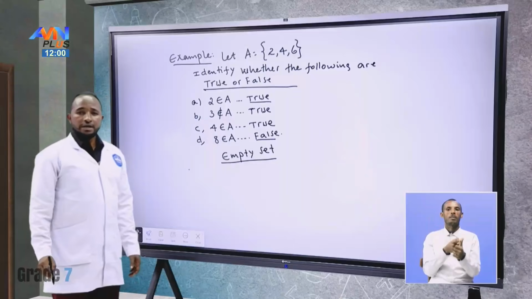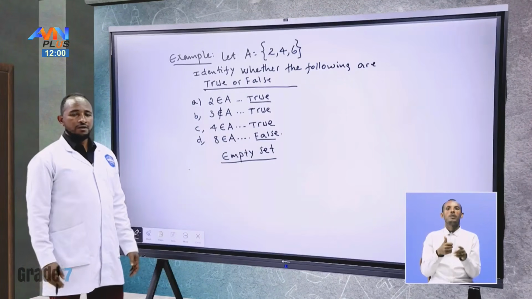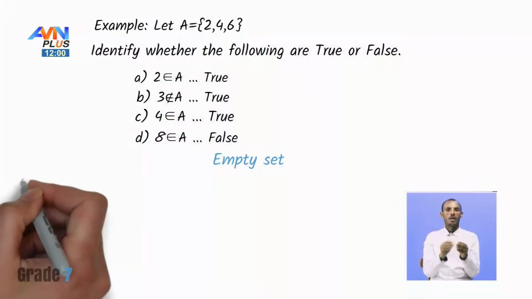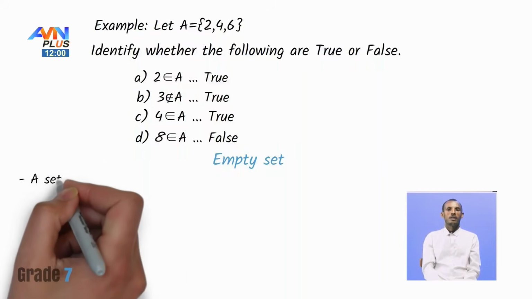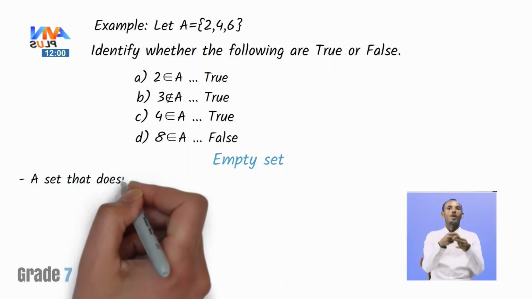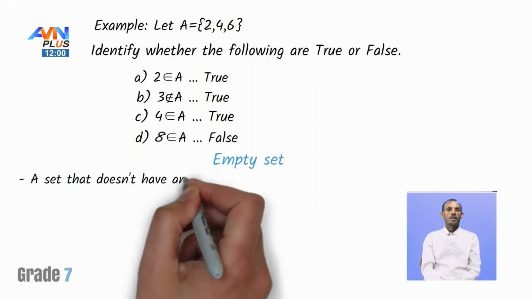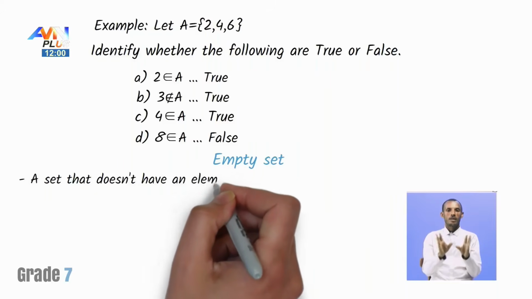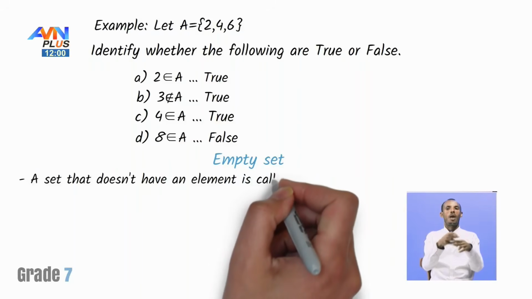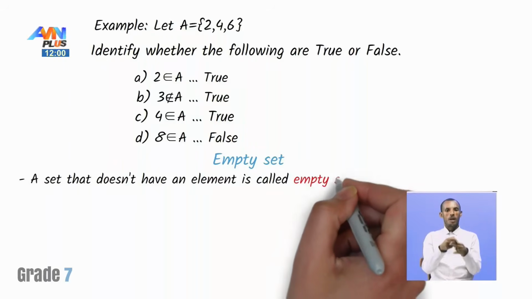First, a set that does not have an element is called an empty set.